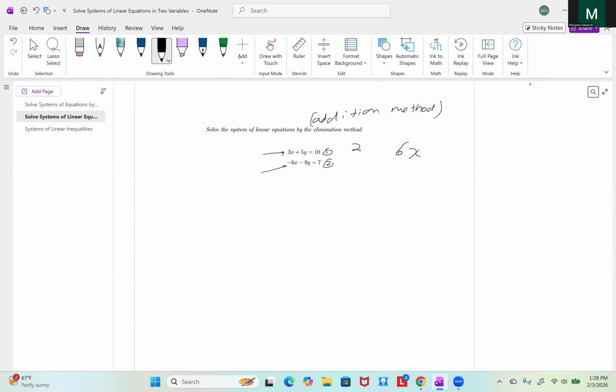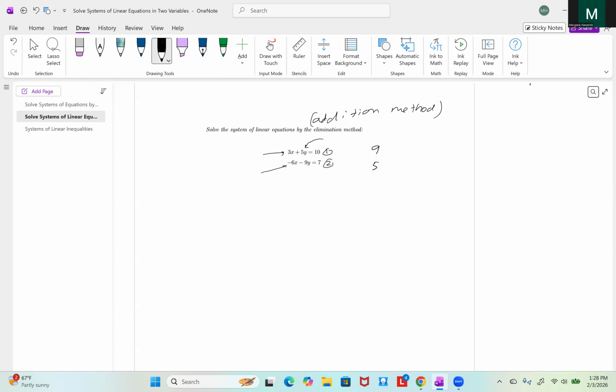Okay, so this is one way we eliminate x. If we decide to eliminate y, then we want the coefficients of y to have opposite signs. To make them opposite here, if we multiply equation 1 by 9 and equation 2 by 5, what do we get for the coefficient of y?